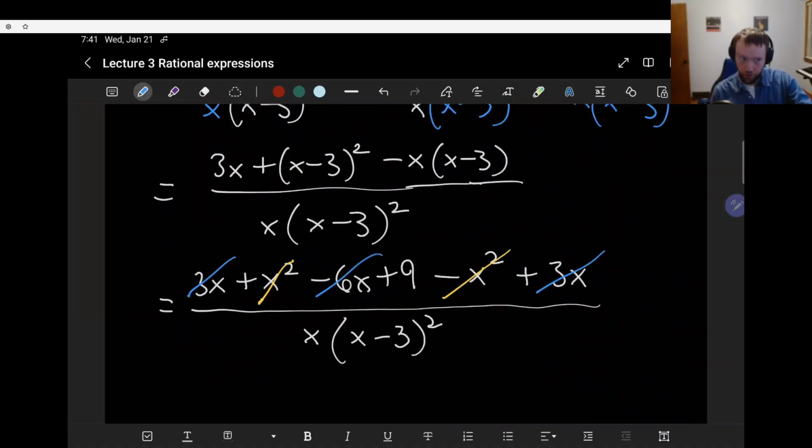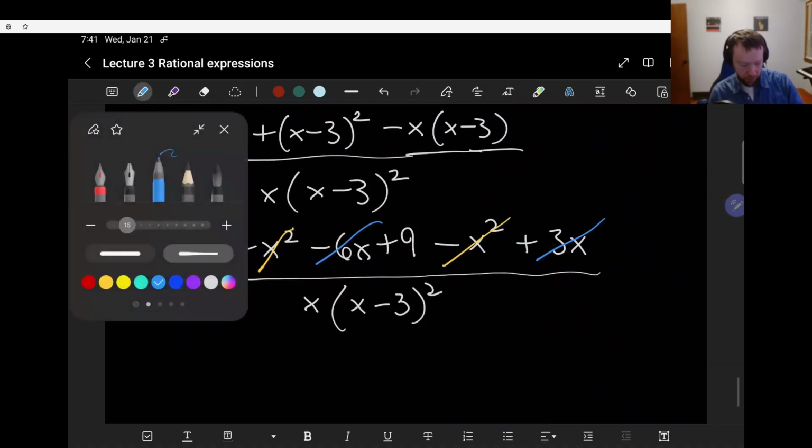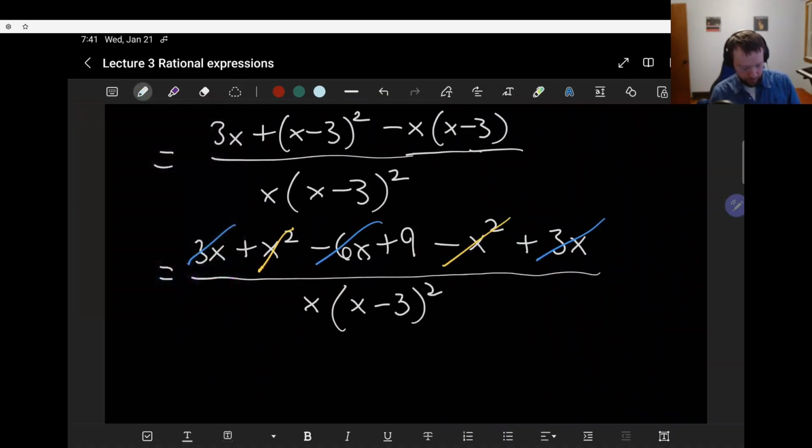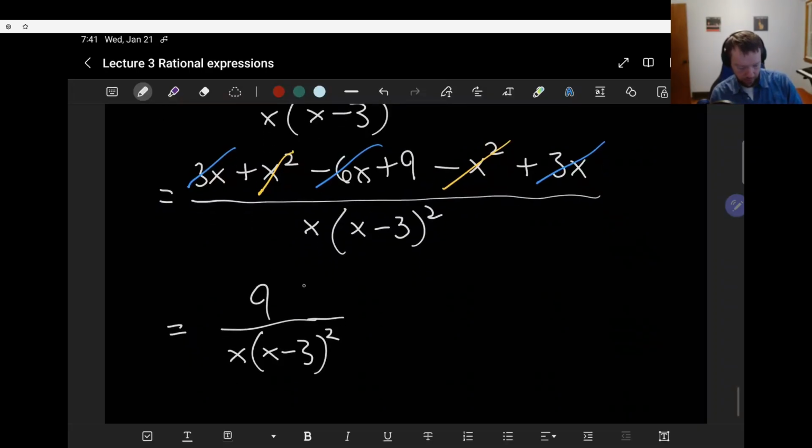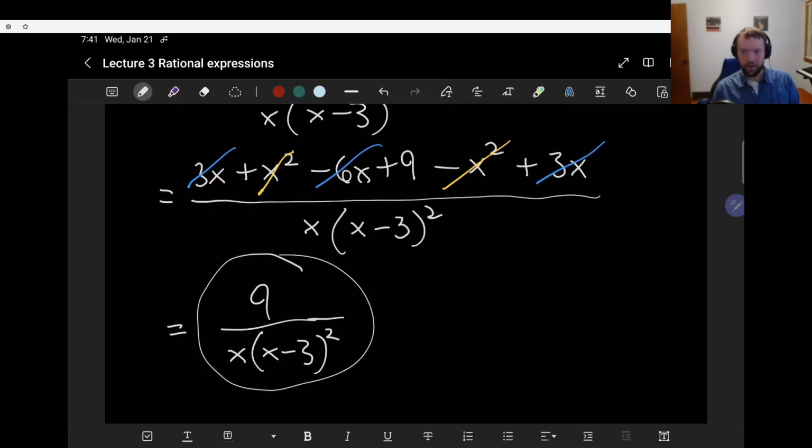So if there were no 9, if we had 0, then the final answer would just be 0. But that's not the case. We have a 9. Now there's no more reduction that can be done there.